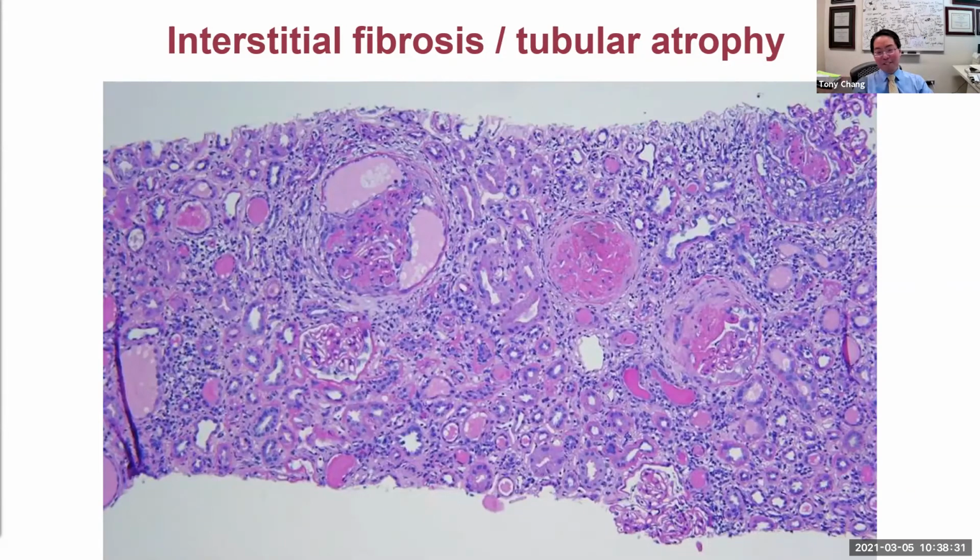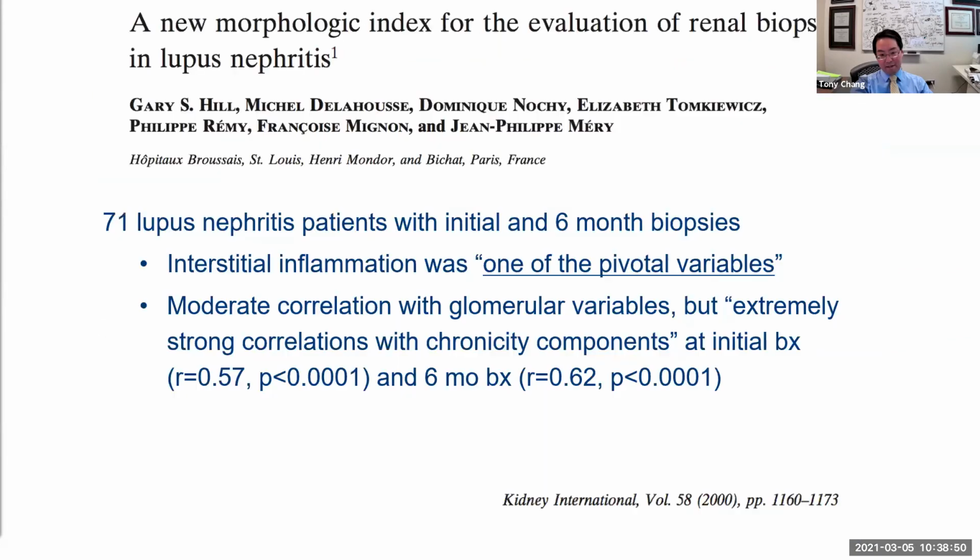But IFTA is basically an irreversible injury. On the other hand, you often have a lot of interstitial inflammation. So our group in particular has been very interested in the role that the interstitial compartment plays in lupus nephritis. And actually, a lot of this really dates back to this study.